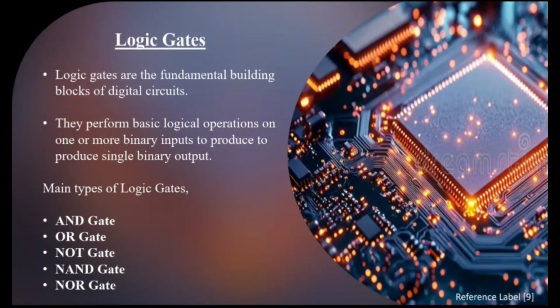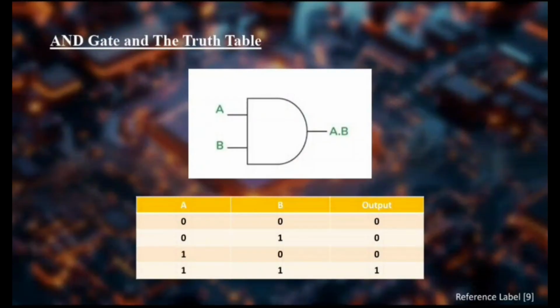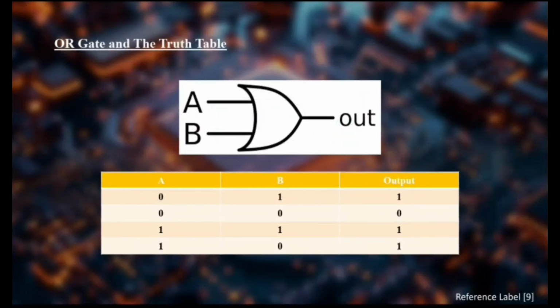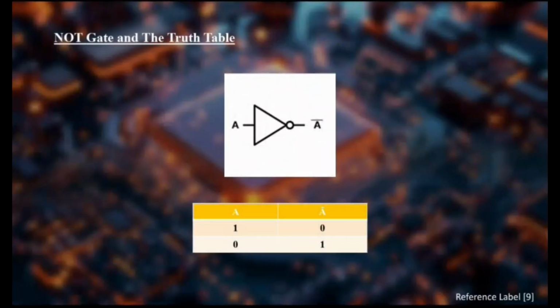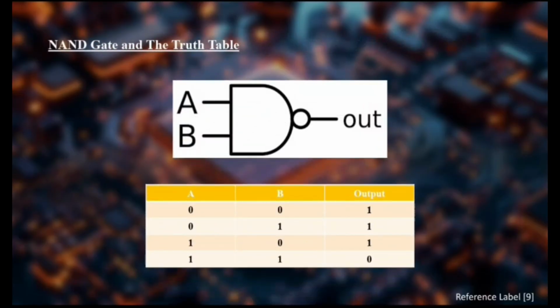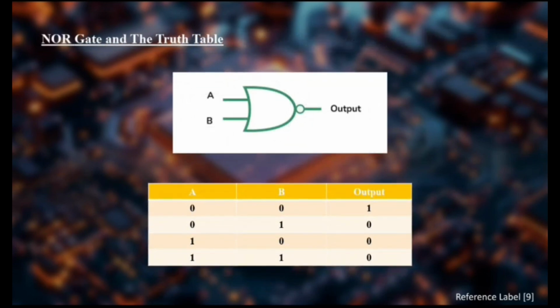Main types of logic gates are AND gate, OR gate, NOT gate, NAND gate, and NOR gate.